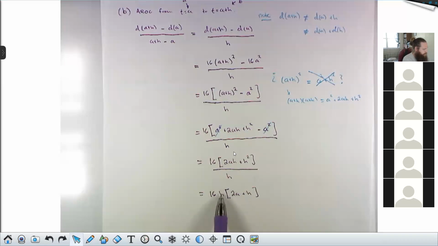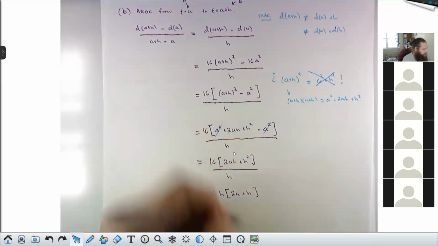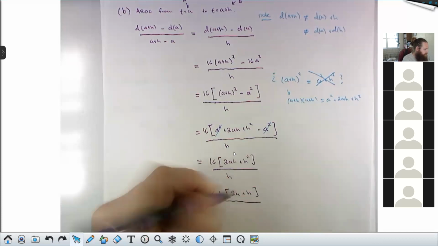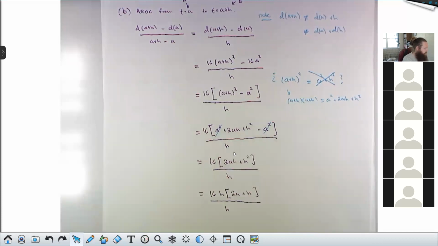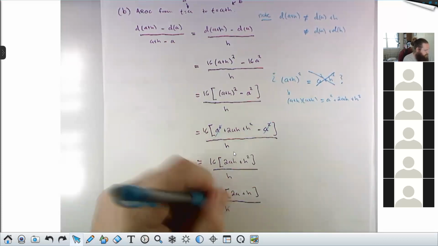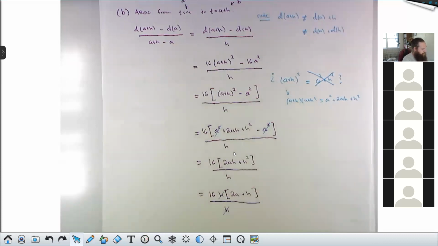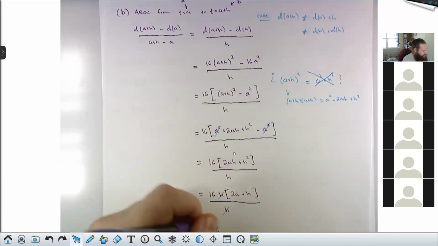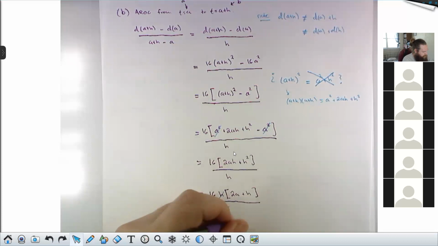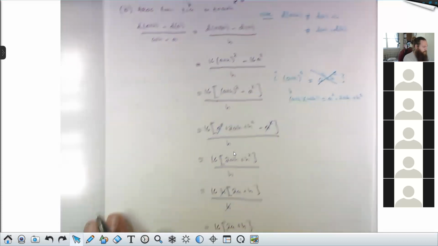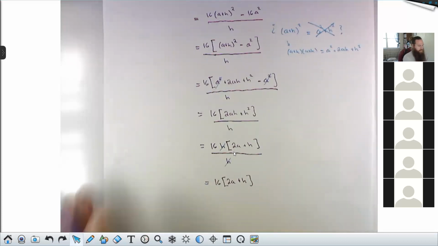If I were to redistribute this, it would become this. But I'm not going to redistribute it. The whole reason I factored it out is so I can cancel it with the h in the denominator. So here I get 16 times 2a plus h. And you could distribute the 16 if you want, or you just leave it like this. This is done.